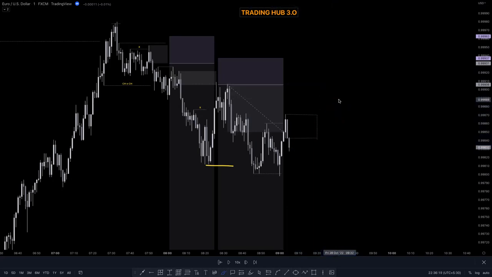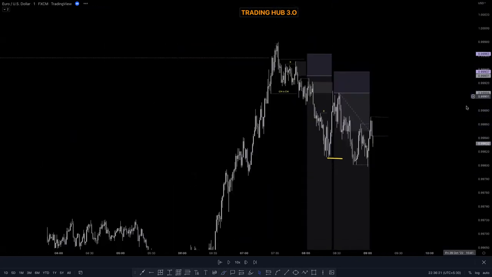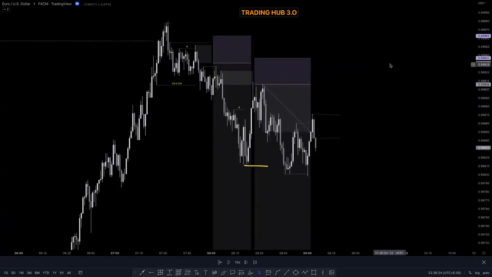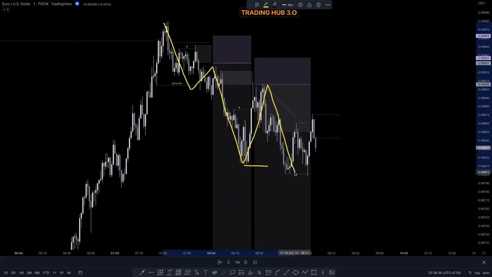And the next thing, if you want to see here, marking the valid inducement structure is here, then you will see like this. Okay, so maybe market goes higher, breaks this high.